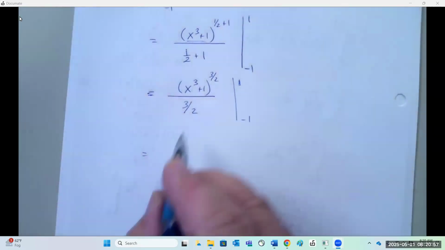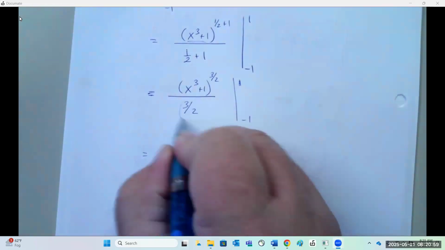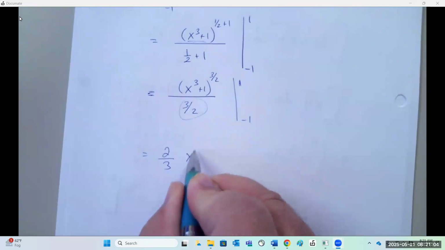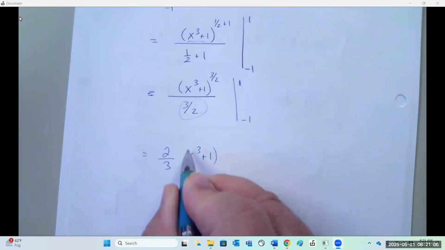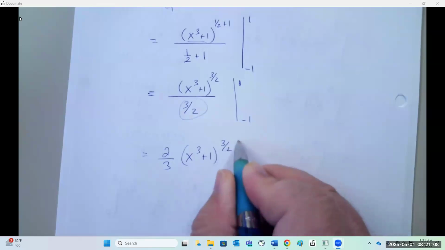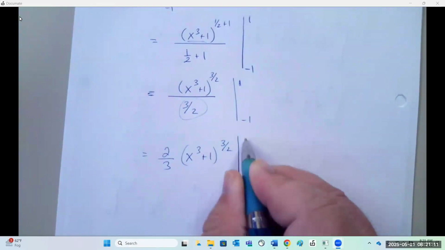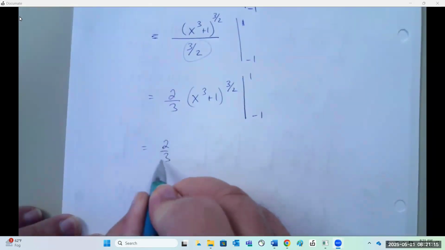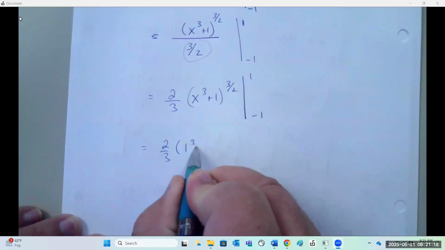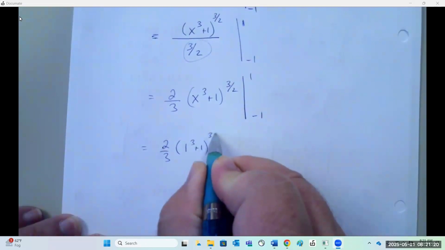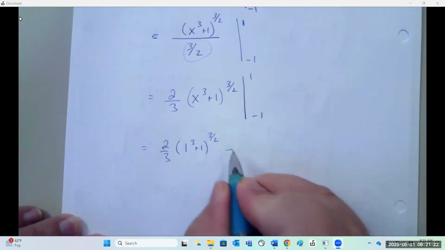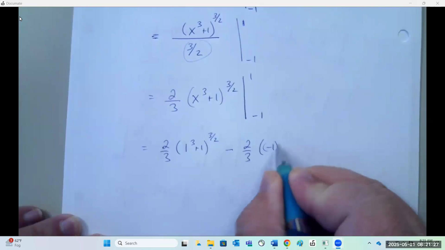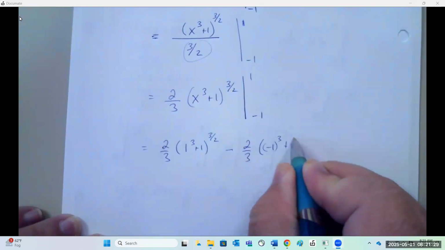So now I take it with respect to 1. Well, I flip this one, so I get 2 over 3 x cubed plus 1 to the power 3 halves from -1 to 1. 2 over 3, 1 cubed plus 1 to the 3 halves, minus 2 over 3, -1 to the power 3 plus 1.